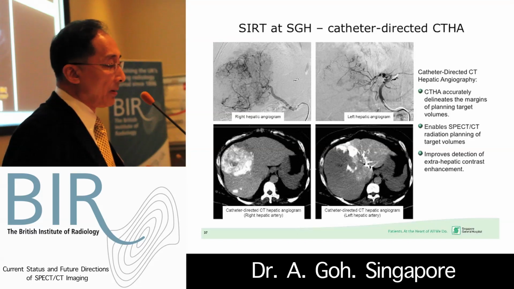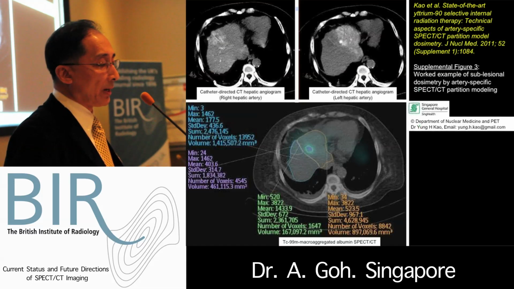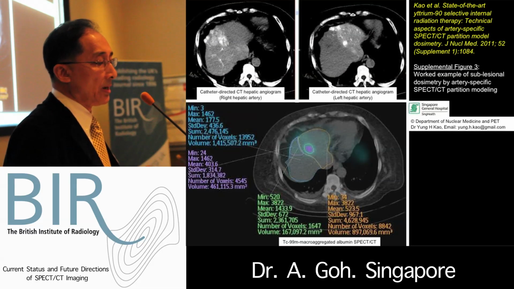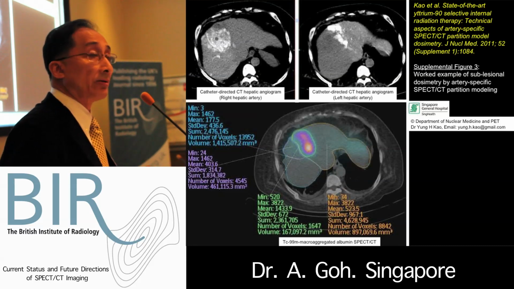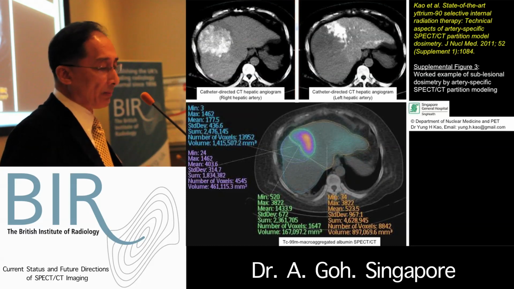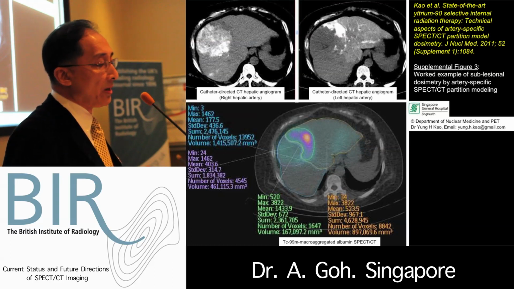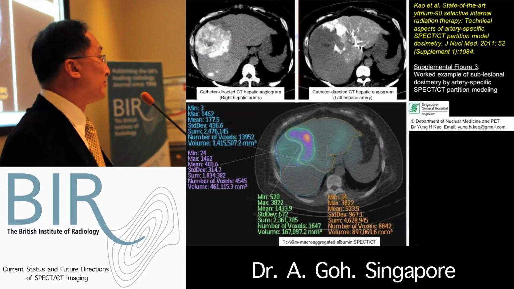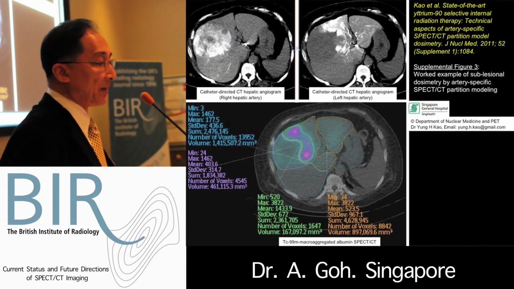We have identified the tumor. In this case, the blue outline represents the territory of the right hepatic artery, and the yellow outline the vascular territory of the left, and then the tumor portion, the sub-portion supplied by each of the vessels. And this delineation between the vascular territories of the two vessels cannot be determined on MAA study. That comes from the CTHA study.